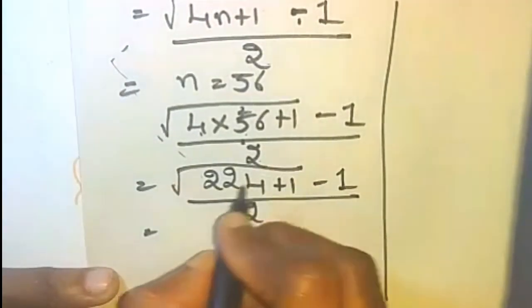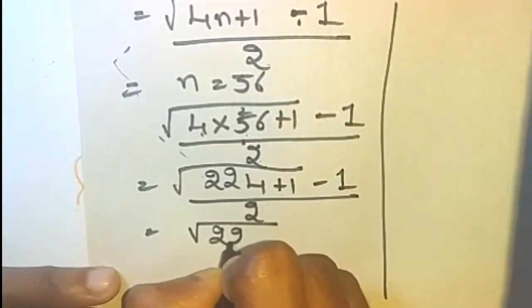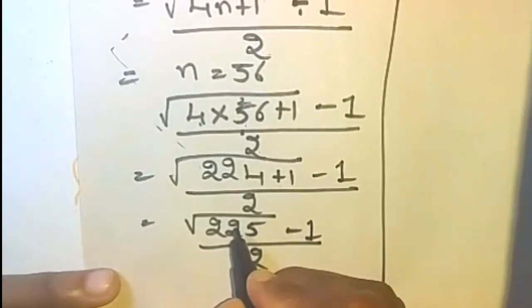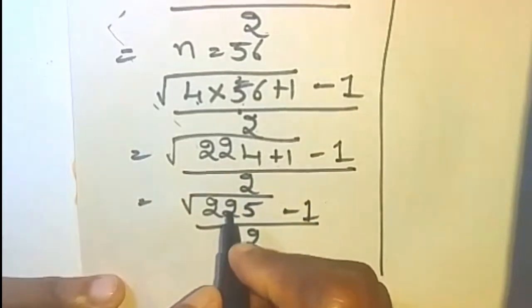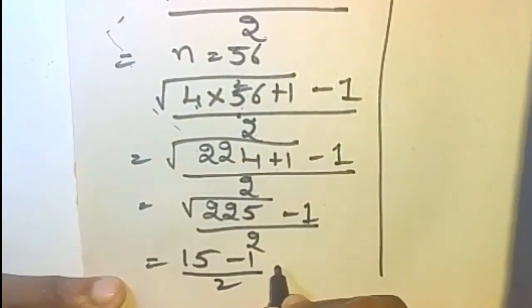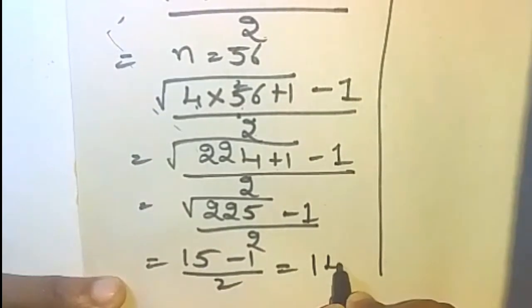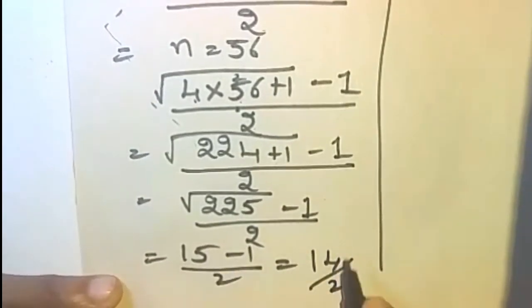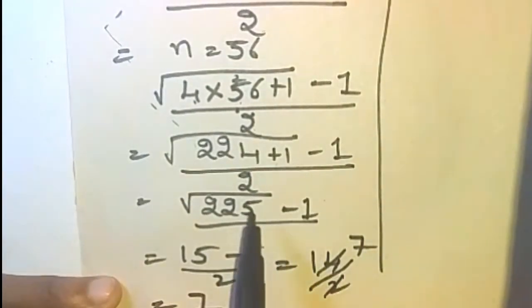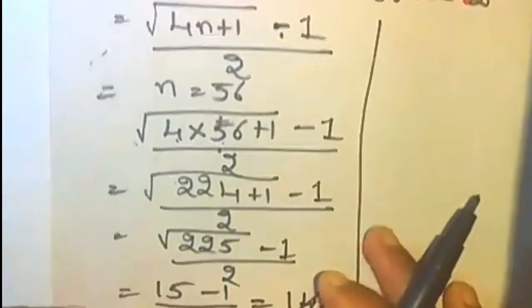Now 224 plus 1, how much is it? 225. The square root of 225 is 15. So now 15 minus 1 divided by 2 is equal to how much? 14 by 2, which is 7. So the answer is 7. Through the formula we are getting 7, right?